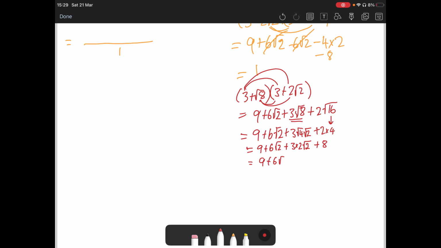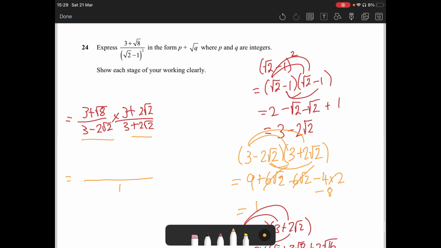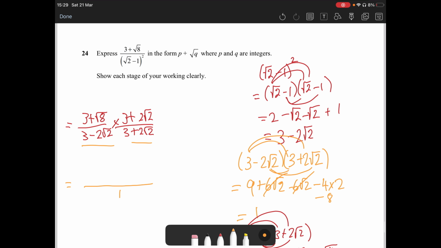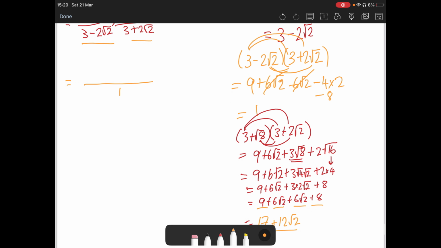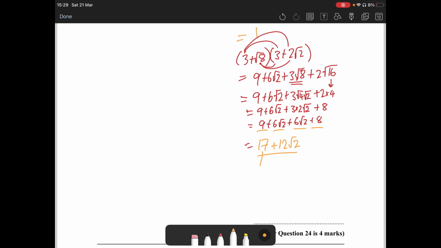So 3 lots of 2, 6 root 2 plus 8. Okay, almost done now. 9 and 8, 17. 6 root 2 and 6 root 2 is plus 12 root 2. So that's my answer. The answer was P plus root Q. Here's your value of P. P is 17.